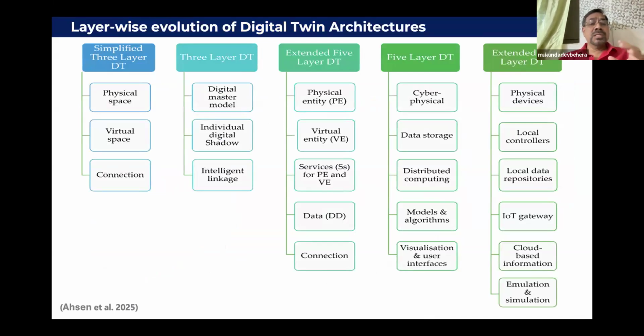If we discuss the layer-wise evolution of the digital twin architecture, you can see we are moving from a simple 3-layer digital twin in terms of physical space, virtual space, and connector, up to the extended 6-layer digital twin, which includes the physical devices, local controllers, local repositories, IoT gateways, cloud-based information, and simulation and emulations.